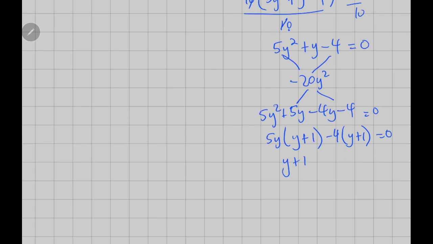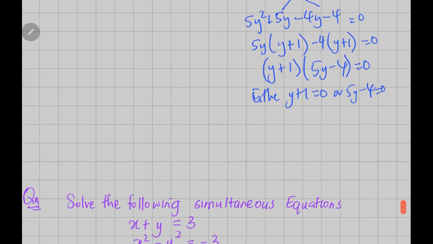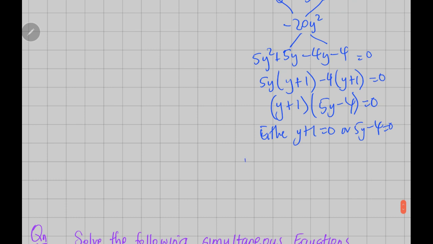So y plus 1 times 5y minus 4 is equal to 0. So either y plus 1 is equal to 0 or 5y minus 4 is equal to 0. If y plus 1 is equal to 0, you get y is equal to negative 1. And if 5y minus 4 is equal to 0, 5y is equal to 4, and dividing both sides by 5, y becomes 4 over 5.